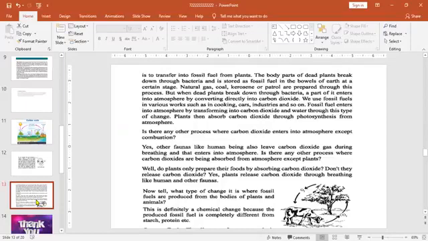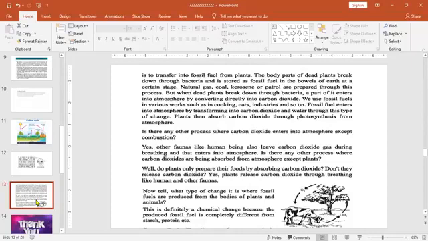In rural areas, wood is used for cooking, and when wood is burned, carbon monoxide and carbon dioxide mix with the atmosphere. The black smoke of vehicles also contains carbon monoxide and carbon dioxide.